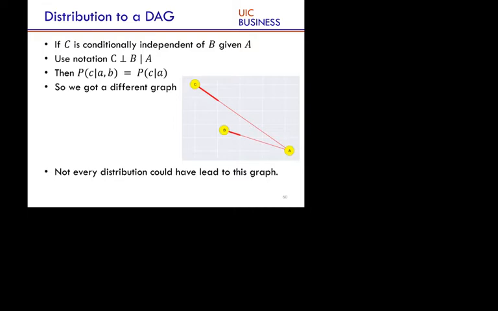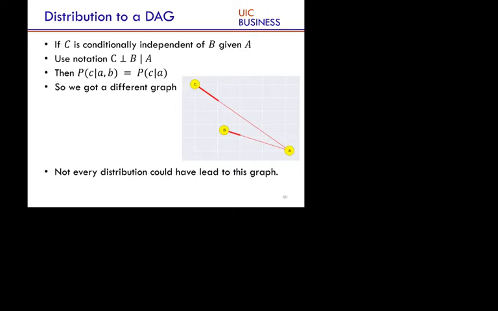So it's probability of A given C times probability of B given C, right? That is the definition of conditional independence.